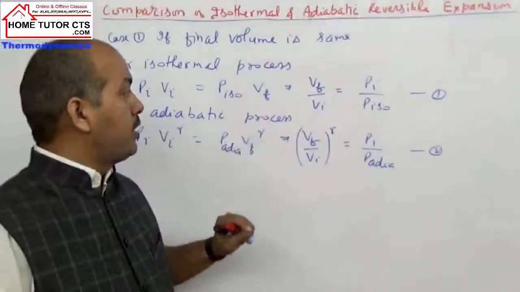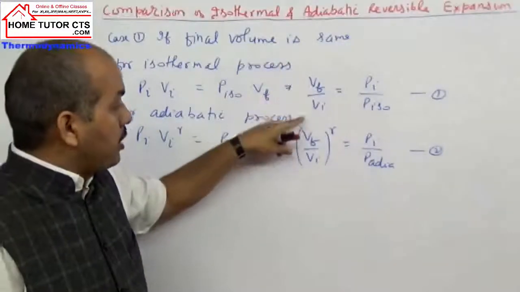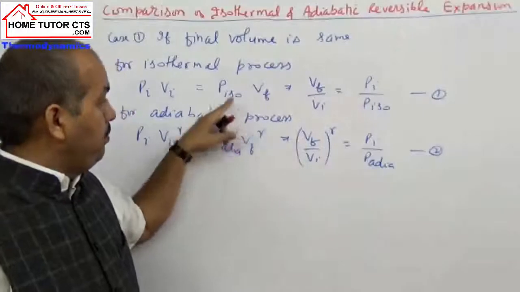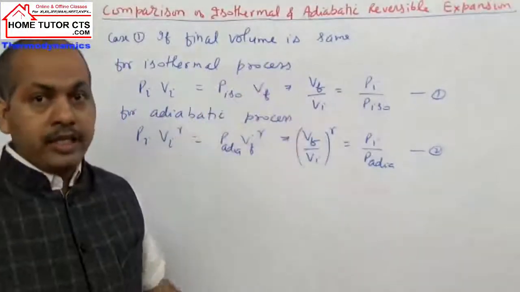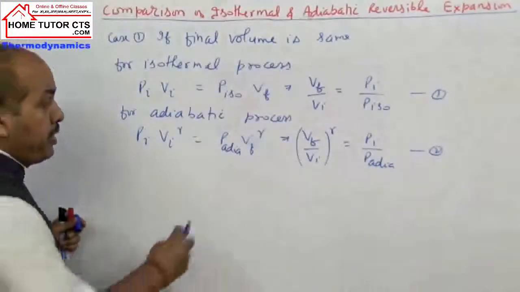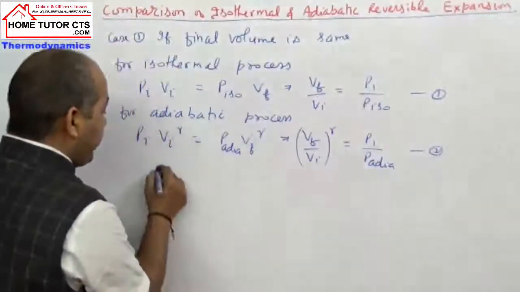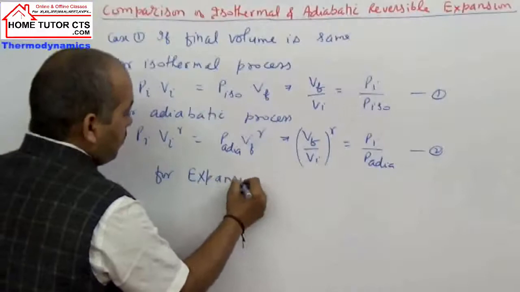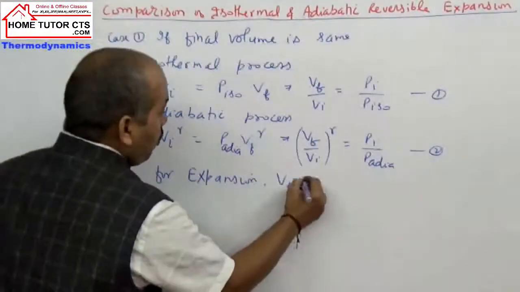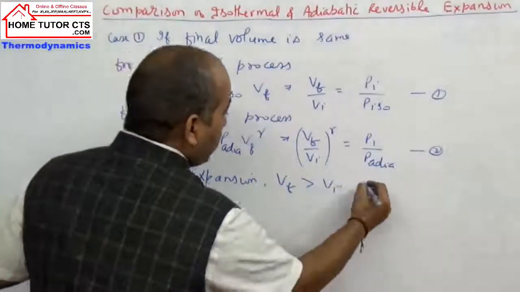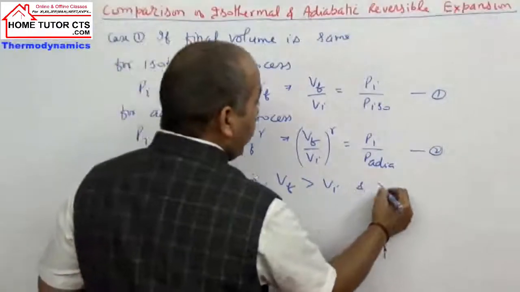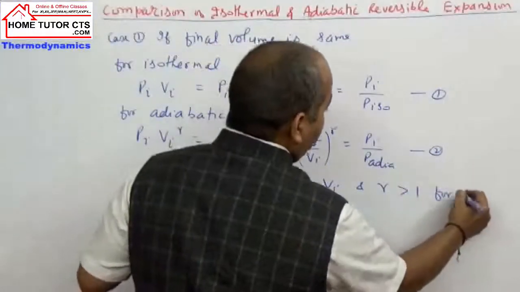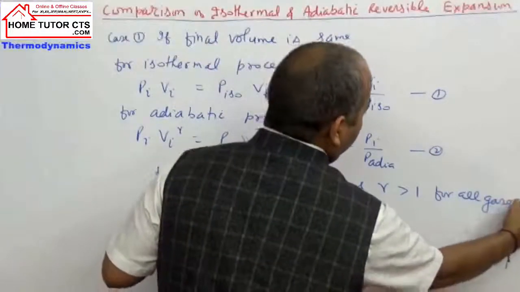Now what is given to us? We have taken two processes. Final volume is the same, initial volume is obviously taken equal. So when you compare these two expressions, we can write here for expansion, final volume is more than initial volume in all the cases, and gamma is more than 1 for all gases. It is known to you.